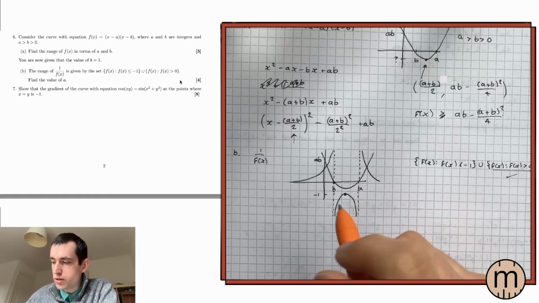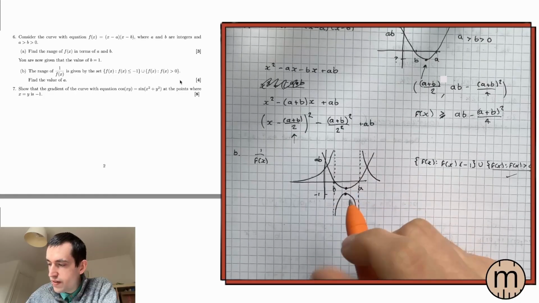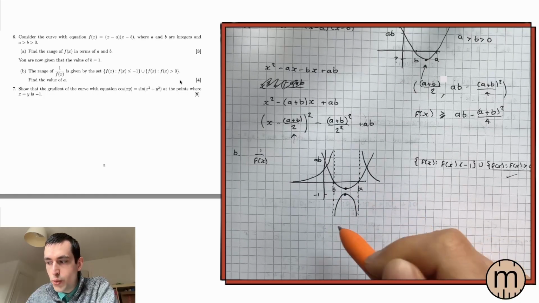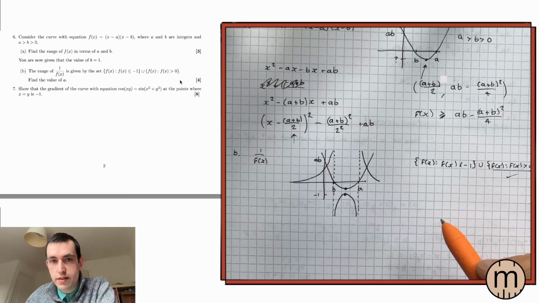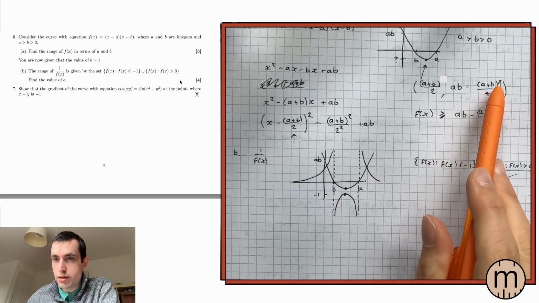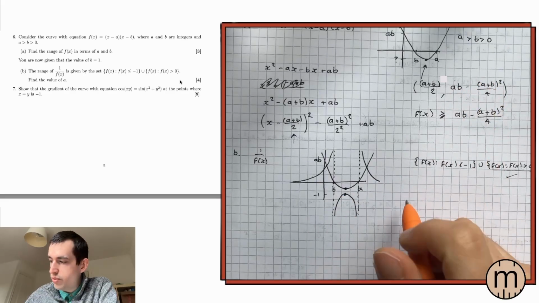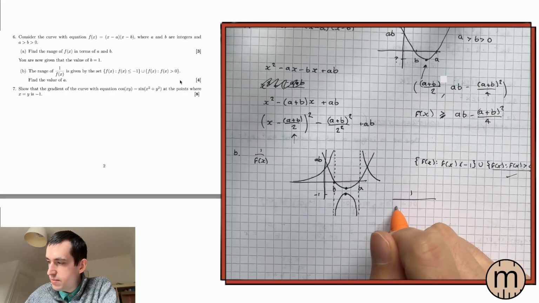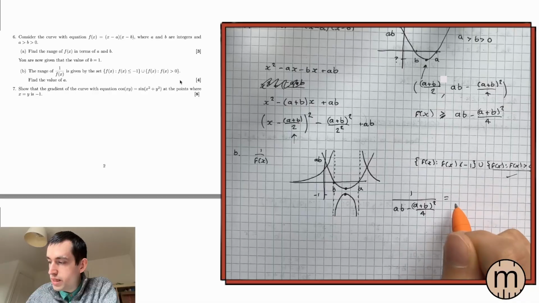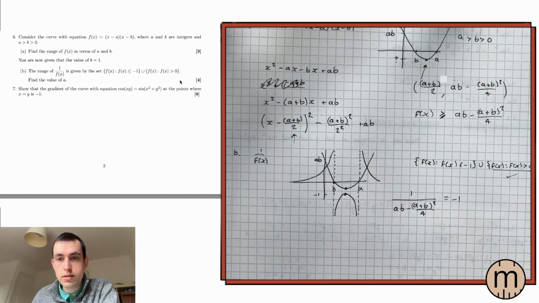But we don't know the coordinates of that. All we know is the coordinates of that point there on the original. But we can just do 1 divided by it and find the actual answer. So if we know that this coordinate on the original curve is this point up here, then if we do 1 divided by that point, which looks a bit messy, that should be equal to -1, this point on the new curve.